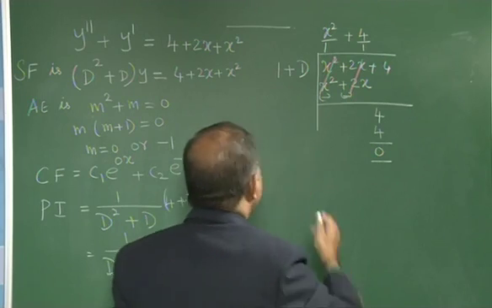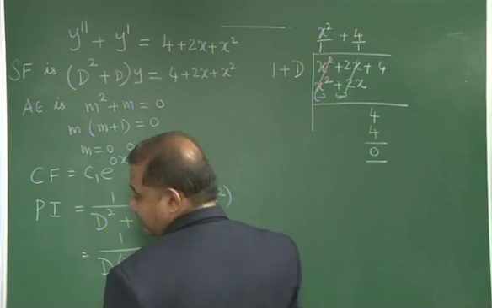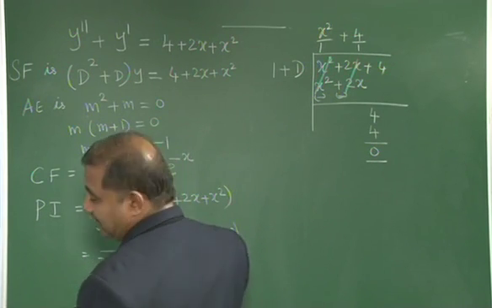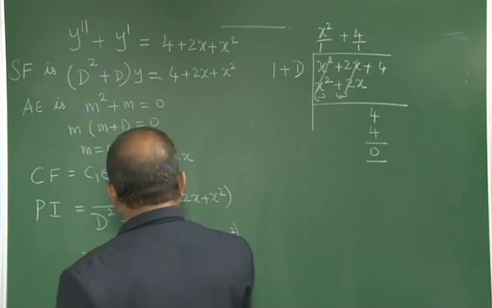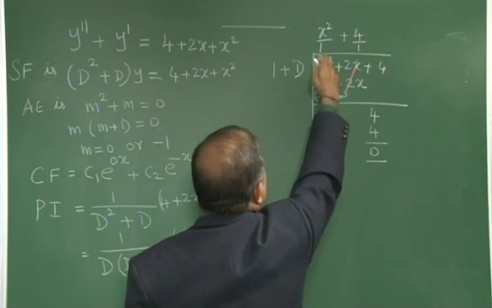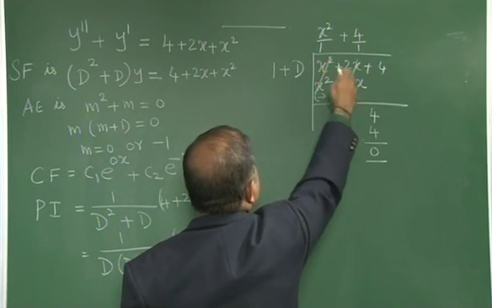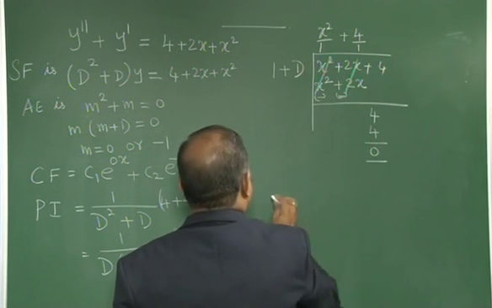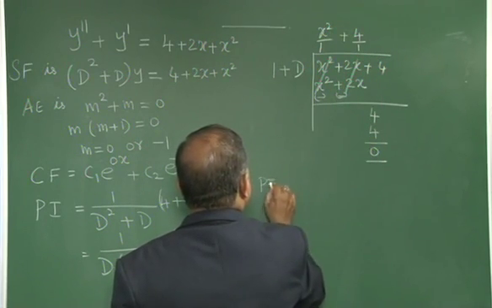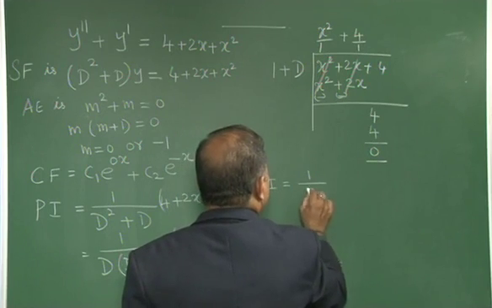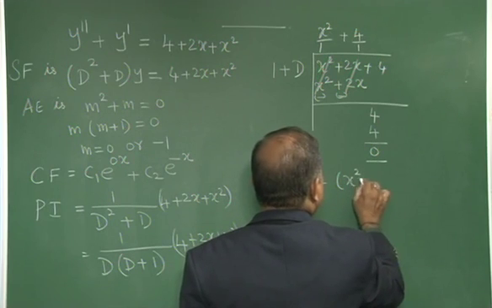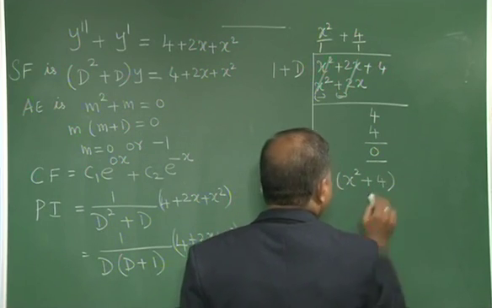Now the answer we got is 4 plus 2x plus x square, correct. So with only d plus 1 we are taking and doing it. So x square, then differentiation of the 2x, other term is not there, then you take 4, 0, but still your particular integral is not completed. 1 by d of what you got, x square plus 4.